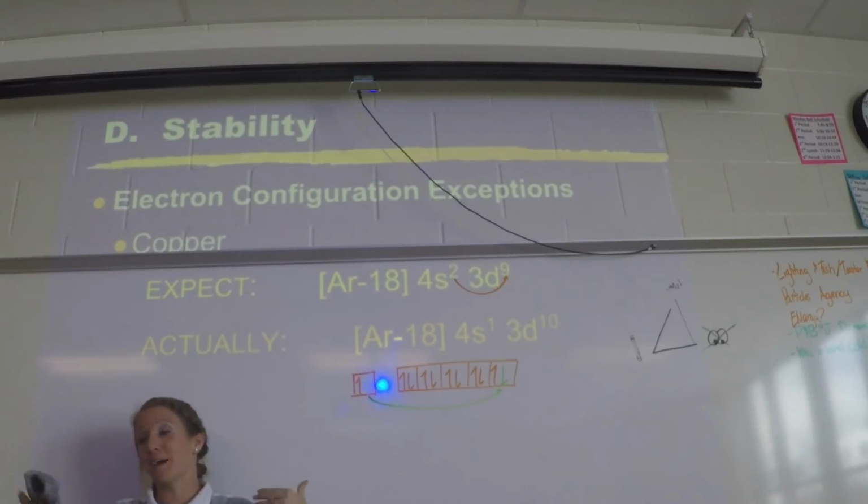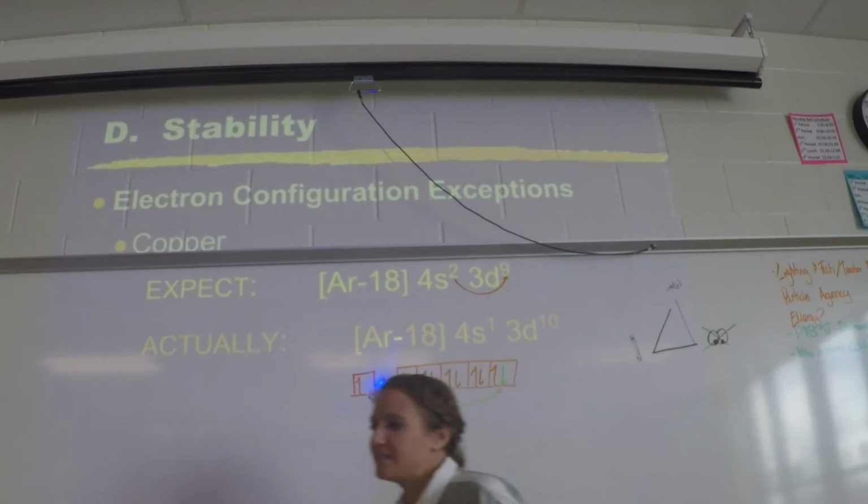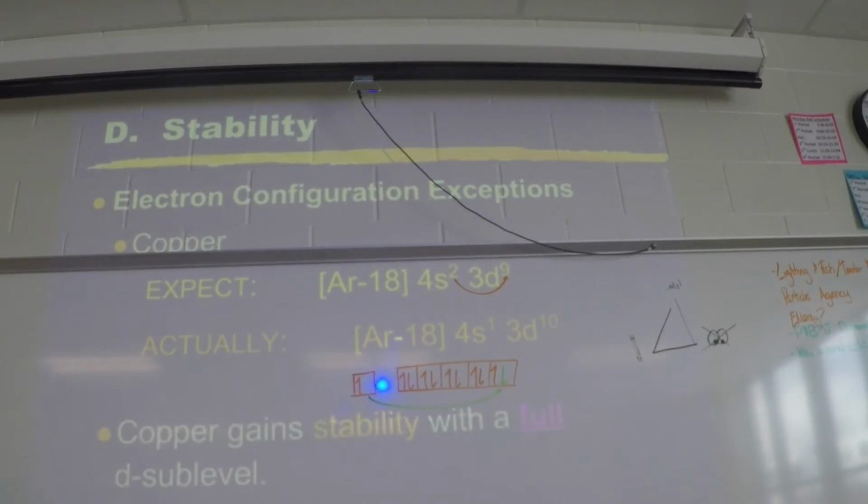Half full. And so actually now they have both of those forms of stability. So what we see here in the end is that copper gains stability with a full D sublevel.